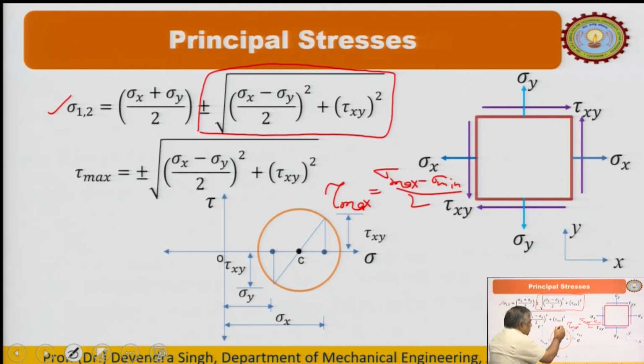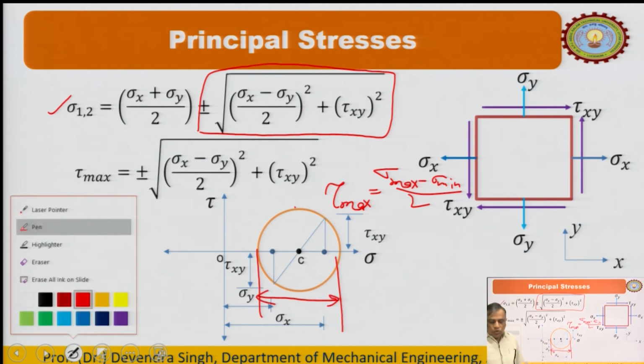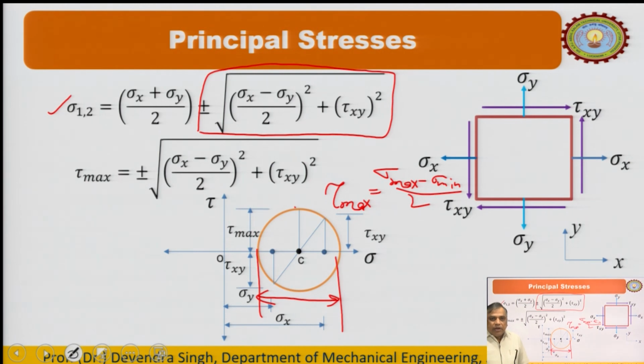What is the maximum stress here, and what is this? This is the diameter. Half the diameter will be the radius, which you will do in the exercise, and this is tau max. If you refer to this, you will get tau max is this. This is the radius.